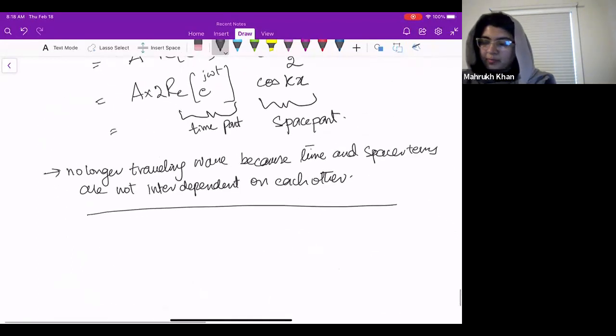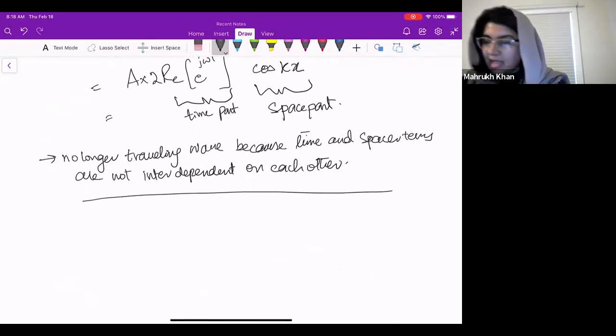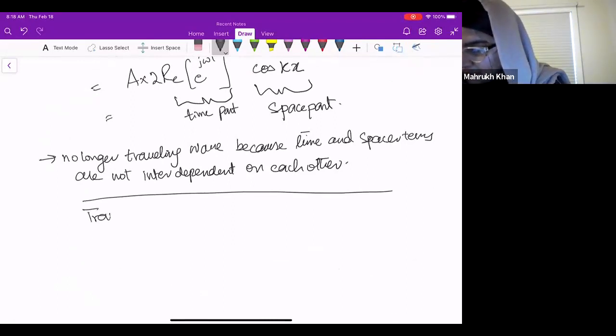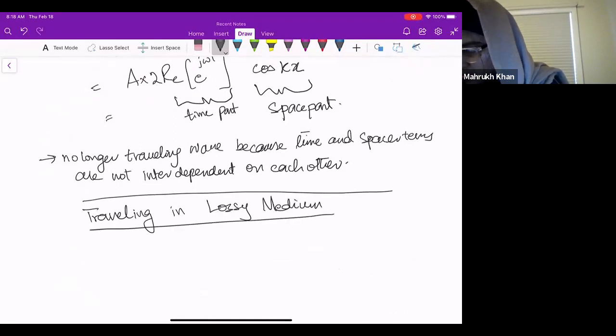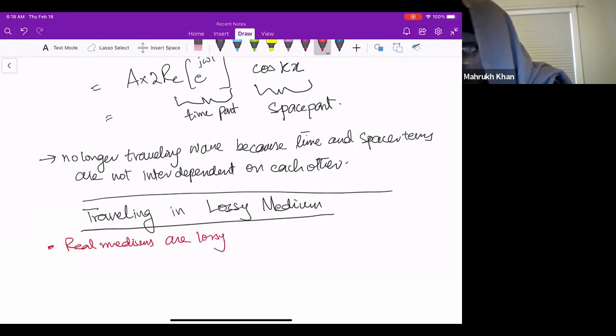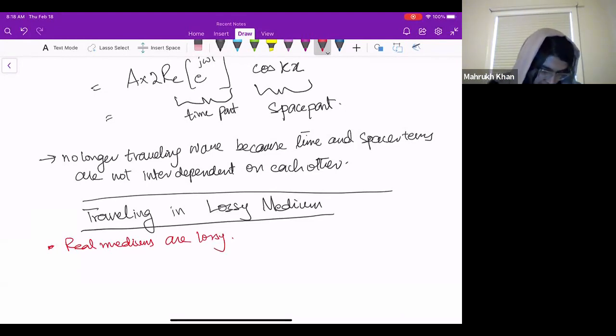But there is the possibility that we have traveling waves in a lossy medium, because we know that real-world mediums are lossy.